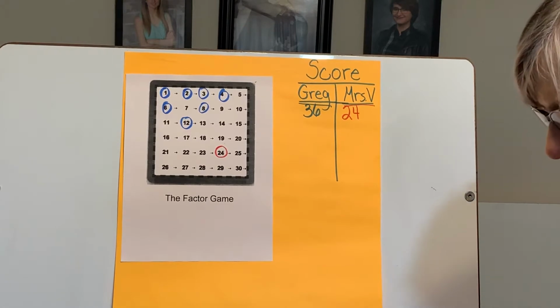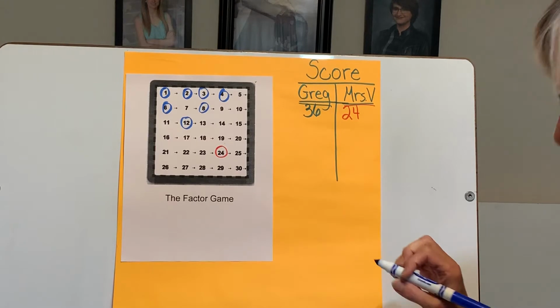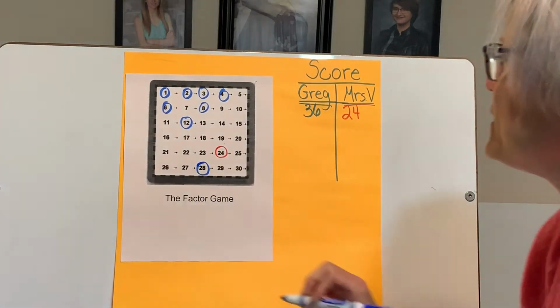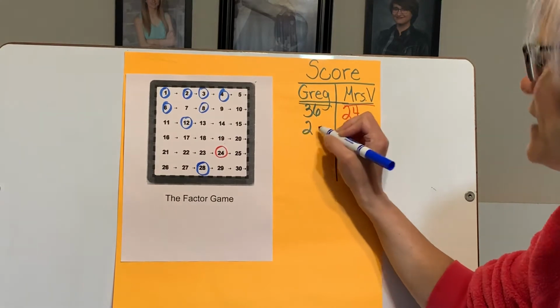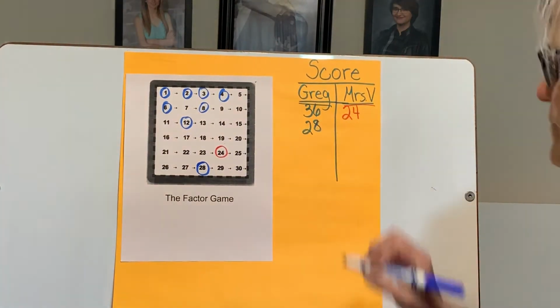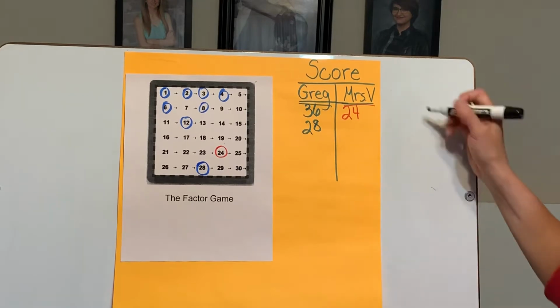So if Greg decides to circle 28, so Greg circles 28. So Greg automatically has a score of 28.